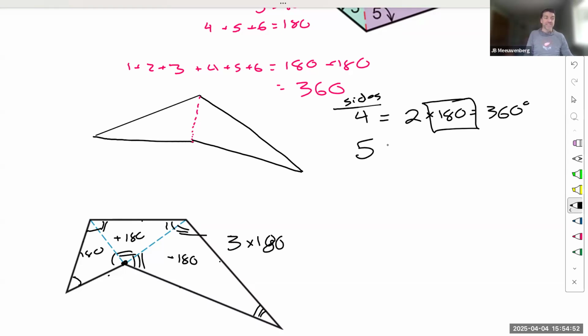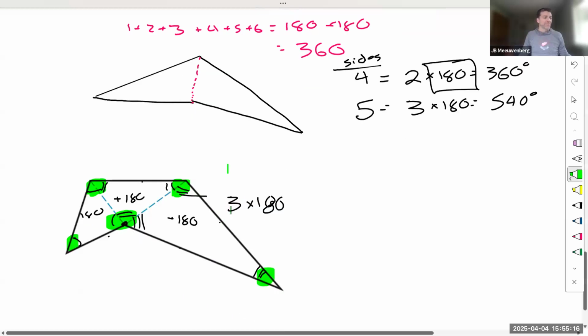So if it has 5 sides, it's 3 times 180, which is 540 degrees. So every single pentagon, if you measure all 5 of its angles and add them together, it will always equal 540 degrees. Let's do one more.